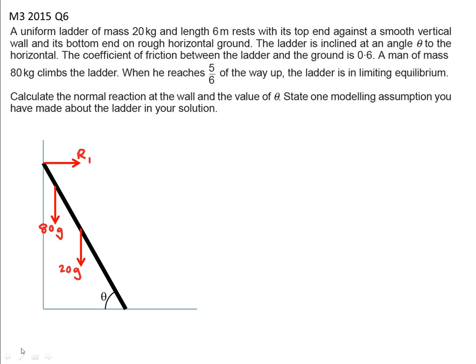The ladder is resting against a smooth wall, so there is simply a normal reaction at the wall, but it's resting on rough horizontal ground, so at the base of the ladder there's going to be a normal reaction and a frictional force.